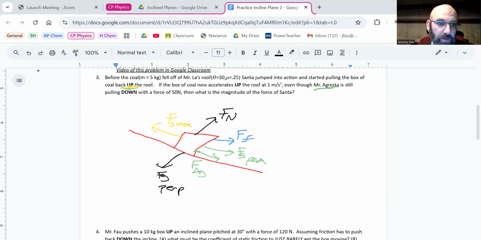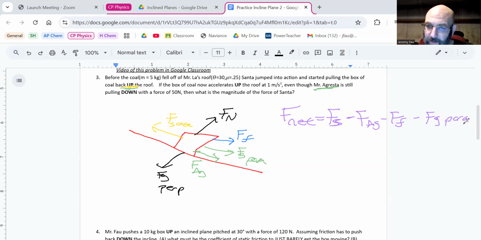So we're going to build our F net equation. F net equals F Santa, and if Santa is a positive force, then every other force has to be negative. So minus the force of Agresta, minus the force of friction, and minus Fg parallel.